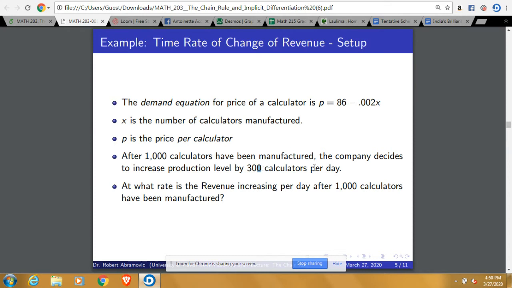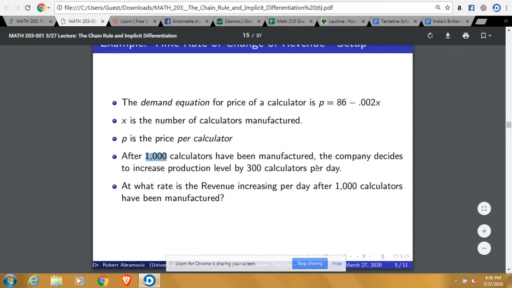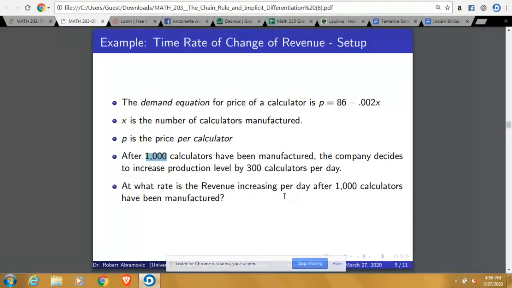The number of calculators per day increases by 300. Again, this is only at this production level. Nothing else is known about the number of calculators produced because it's going to vary. The function x is going to vary based on the economy, based on the demand for calculators, based on how well the company is doing and how well sales are going, etc.